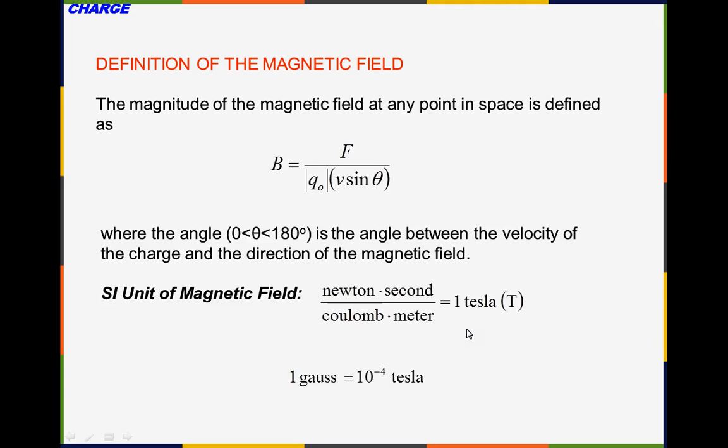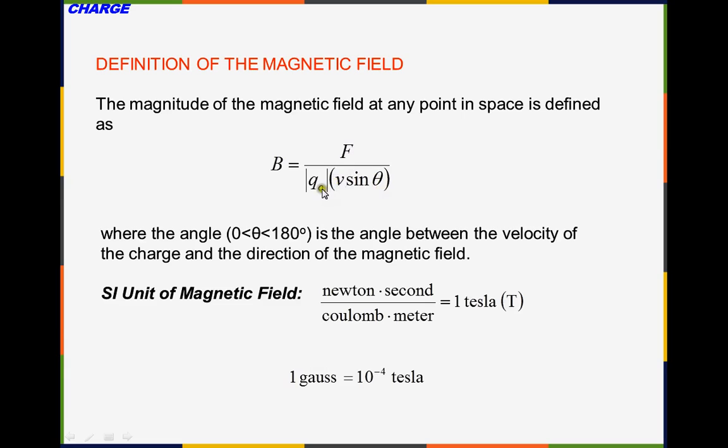Or you could do the left-hand rule. So the definition here is force equals QVB sine theta. Or if we're solving here, we're trying to define what magnetic field is. It's the force divided by Q, the quantity of charge, times velocity sine theta. If it's perpendicular, then sine of 90 degrees is 1.